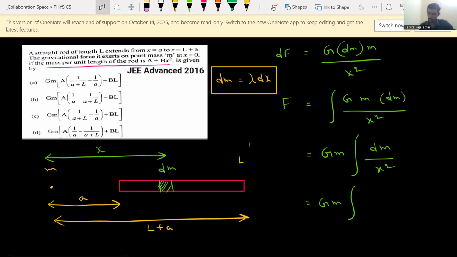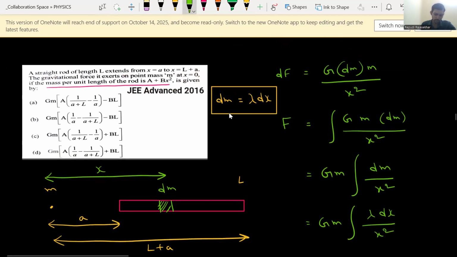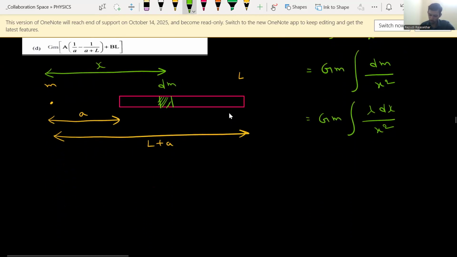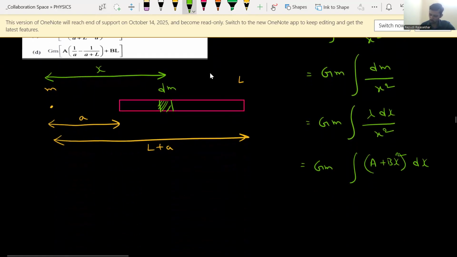So instead of dm I will substitute this value: lambda into dx divided by x square. Lambda means linear mass density, and the value is given in the question itself: a plus bx square. So substitute that value. This is GM times the integration of (a plus bx square) dx divided by x square.